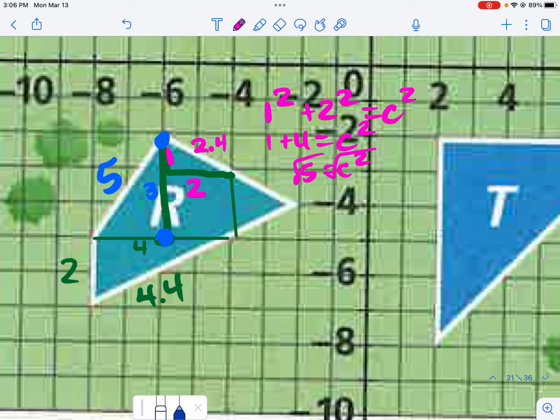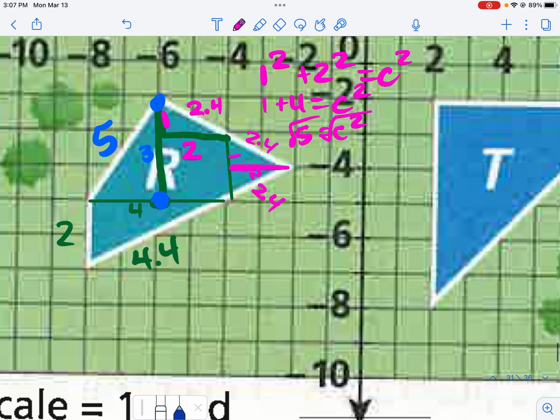Okay. Then, if I draw this like this, I have a 1 by 2. Oh, we just did a 1 by 2. So that's 2.4 there and 2.4 there. Okay, so now let's add these up. So I have 5 plus 2 plus 2.4 plus 2.4 plus 2.4 plus 4.4.